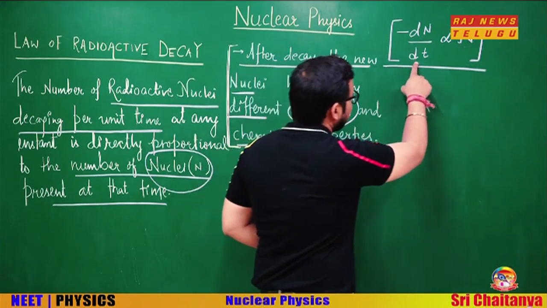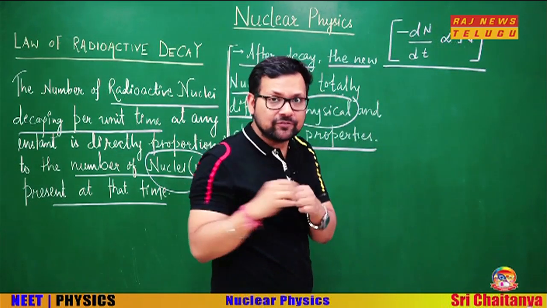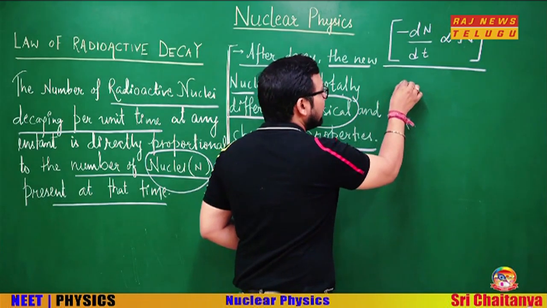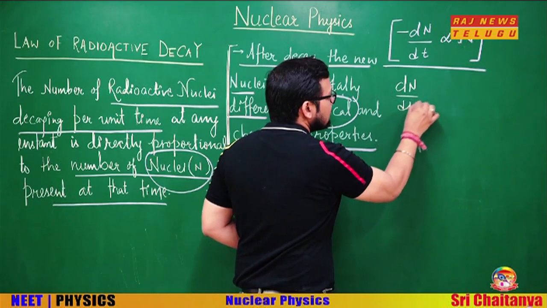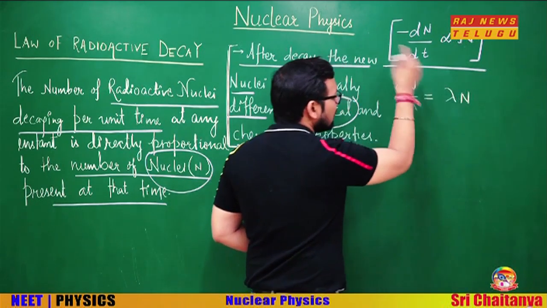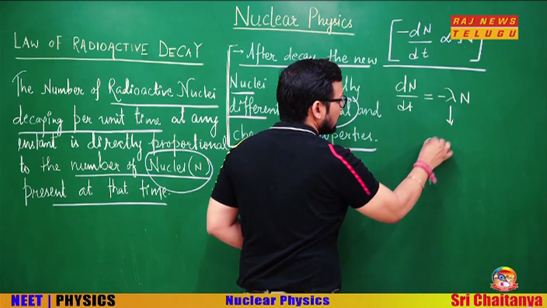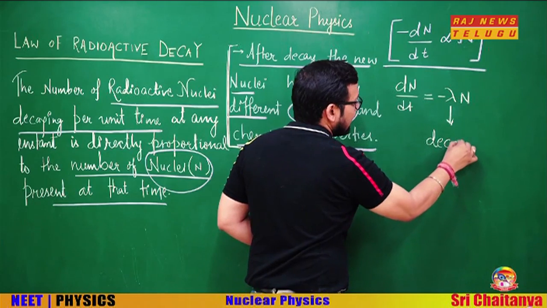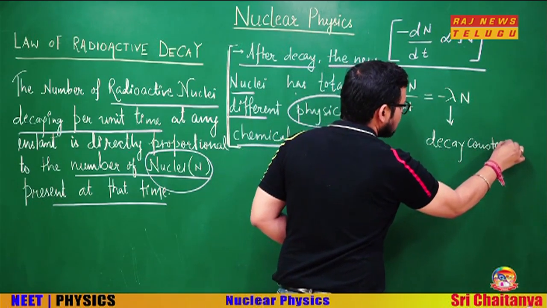Now get to the law. Minus dN by dt is proportional to N, the number of nuclei left. So we can write dN by dt is equal to minus lambda N, shifting the negative to the right. Lambda is called the decay constant.